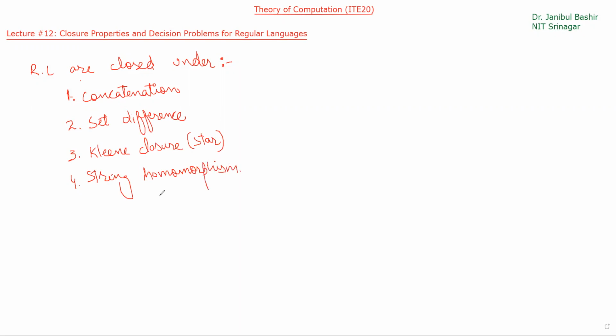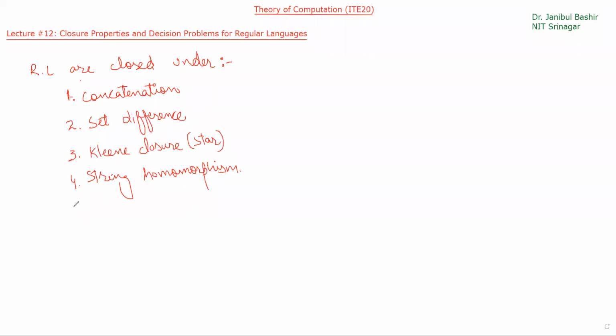Okay, fine. So let's keep only these operations. There are other operations as well, but you are not required to prove those here. For example, fifth is inverse homomorphism, sixth is symmetric operation. So let's leave these two.